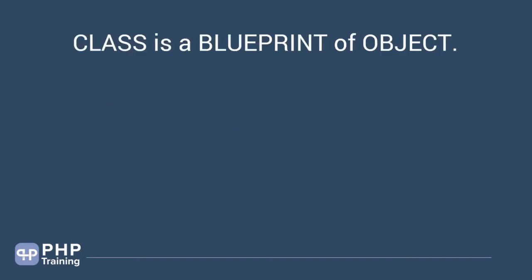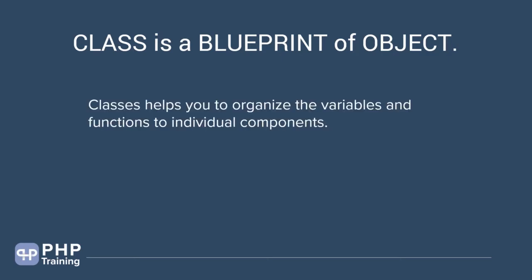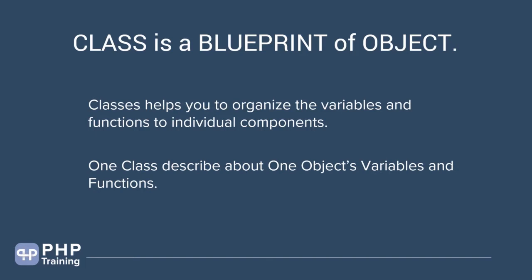So let's do a quick recap. A class is a blueprint of an object. A class is basically a specification, a definition or documentation of how you're going to organize your code into variables and functions. An object is something you create from a class and use. Classes help you organize the variables and functions into individual components, and one class describes one object's variables and functions.